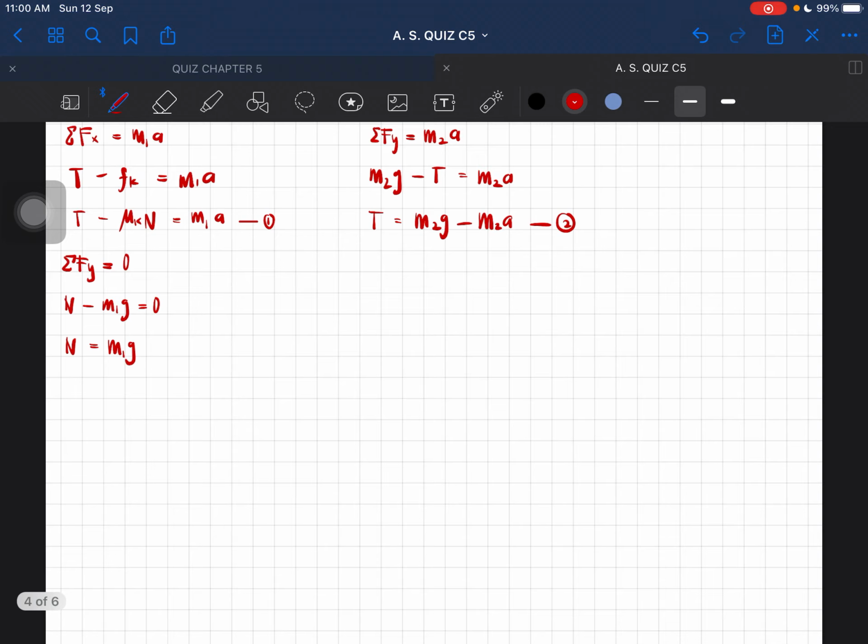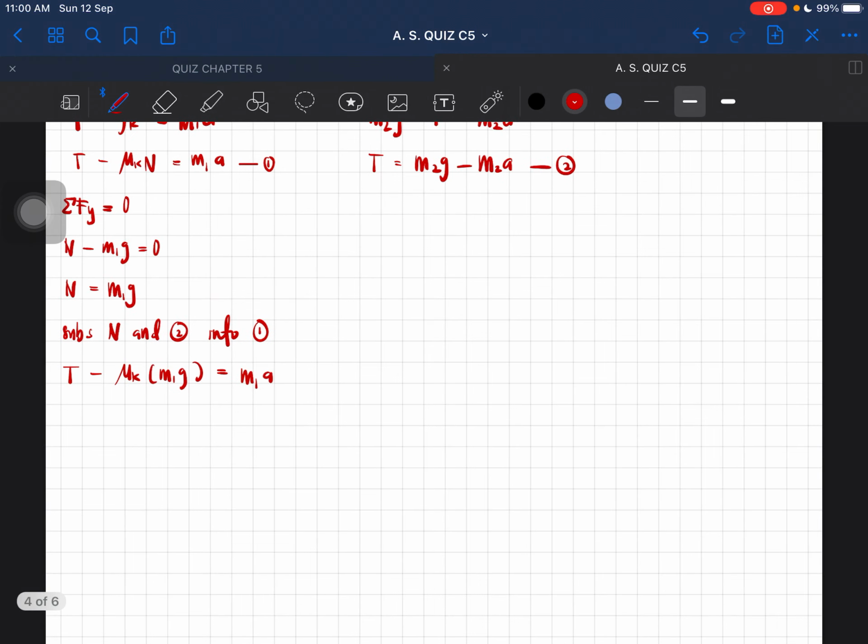Now substitute N and equation 2 into 1. So we have T minus mu k N equal to m1a. Oh, I forgot to substitute. So m2g minus m2a minus mu k m1g equal to m1a. Okay? Now we are going to make acceleration the subject.